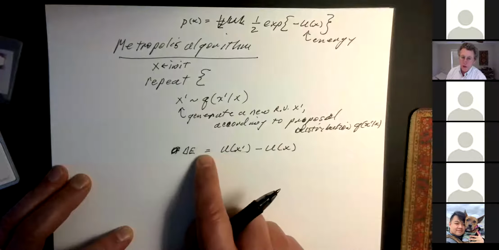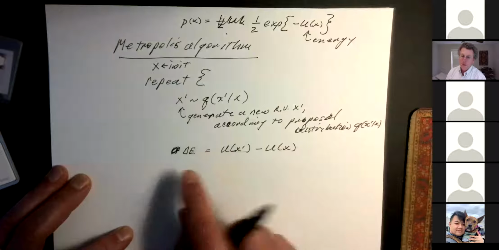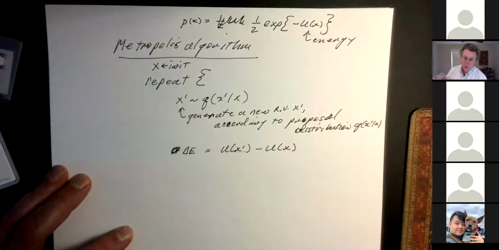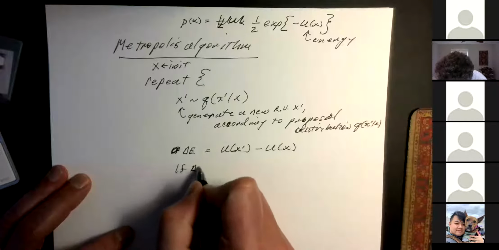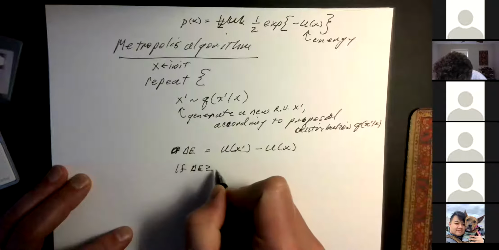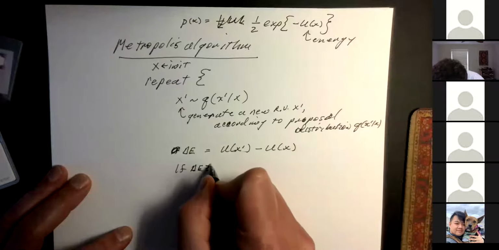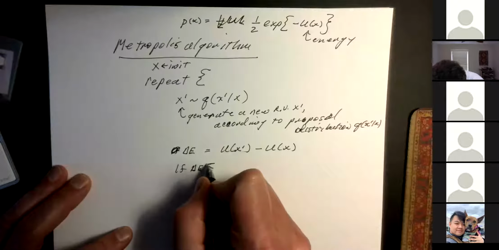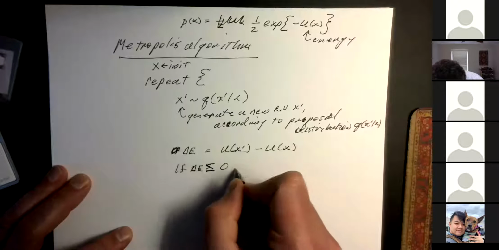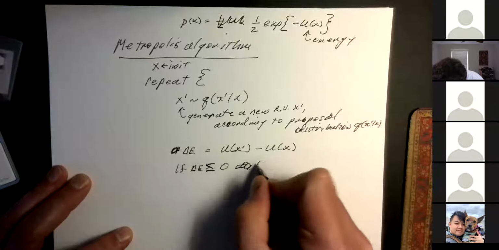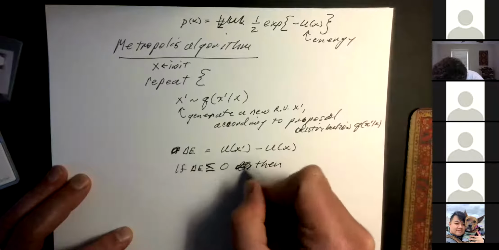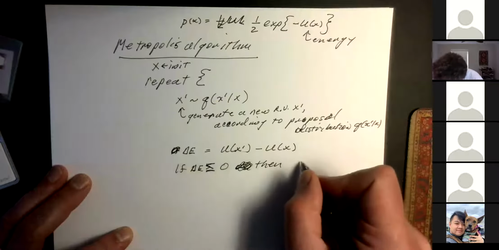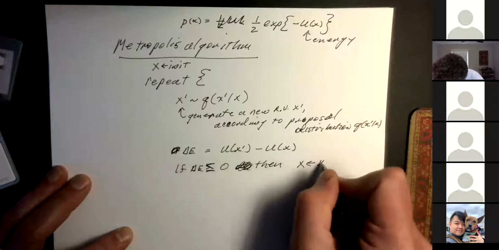If delta E is negative, then the probability of the new state is higher. So if delta E is less than or equal to 0, then you just set X to X prime.